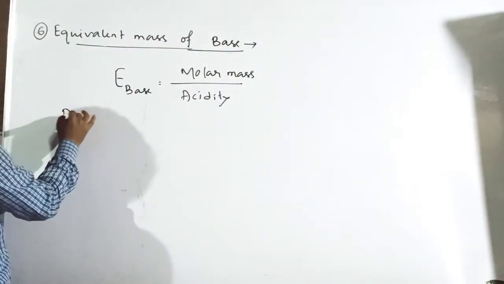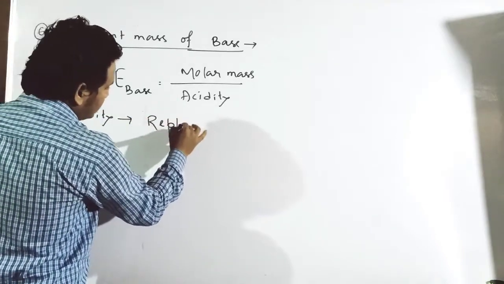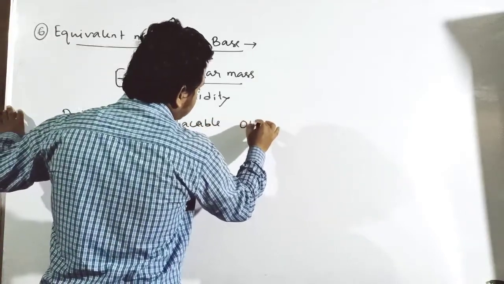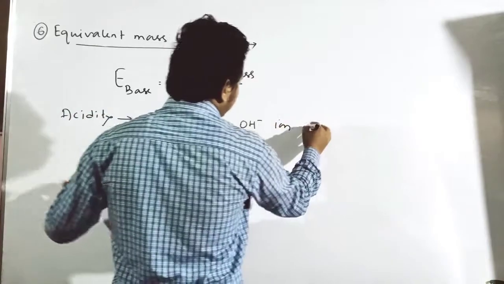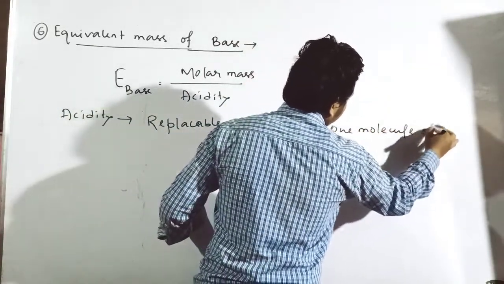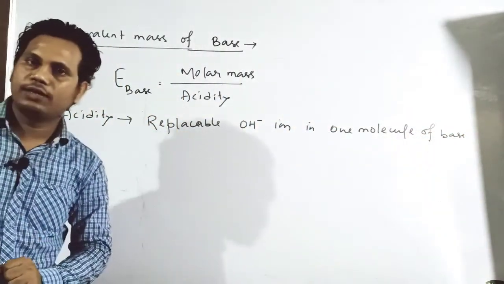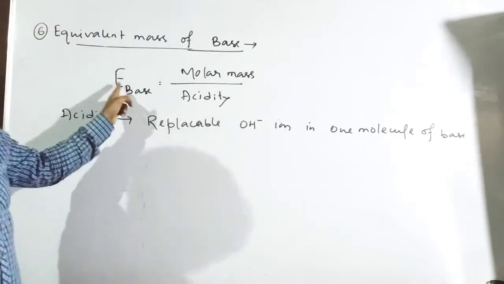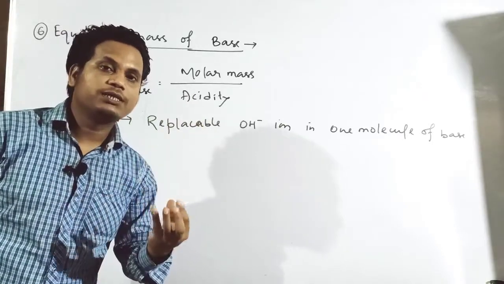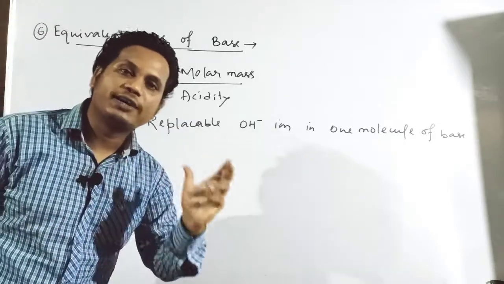Acidity means replaceable hydroxyl ion in 1 molecule of base. In 1 molecule of base, how many replaceable hydroxyl ions are there? Like we have discussed for acid, it is basicity. What is basicity? Replaceable hydrogen atom. For base, replaceable hydroxyl ion.